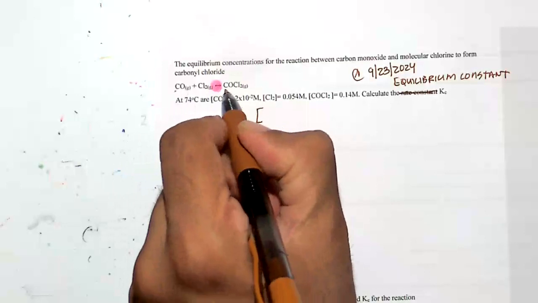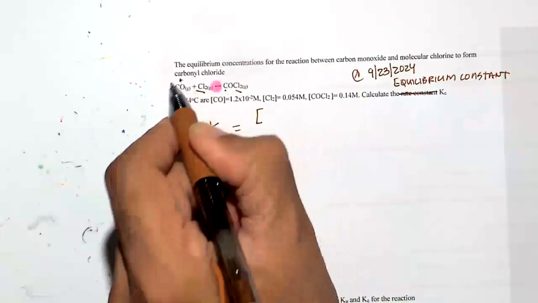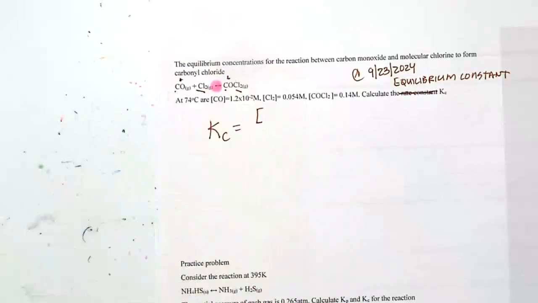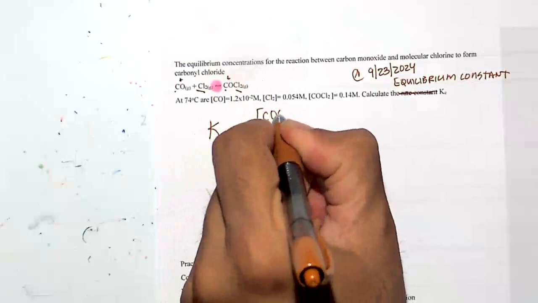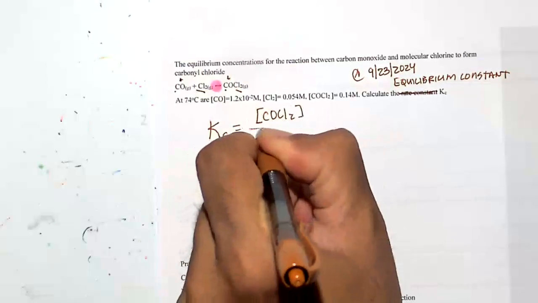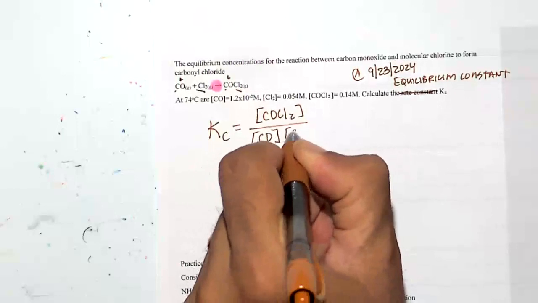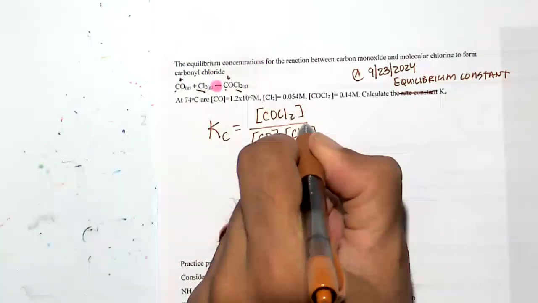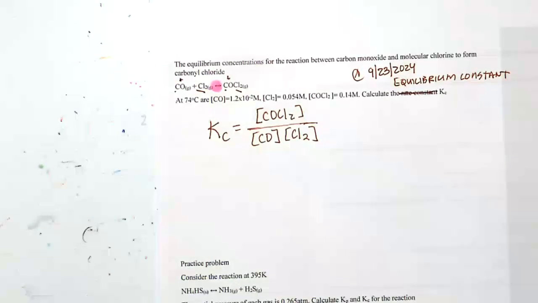Are we balanced? Carbon, carbon, 2 Cls, 2 Cls, 1 oxygen, 1 oxygen. All right, so concentration of products, COCl2, divided by the concentration of reactants. Okay. Is everyone okay with that?